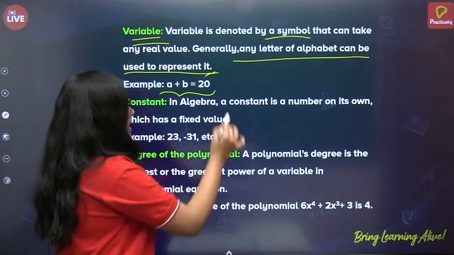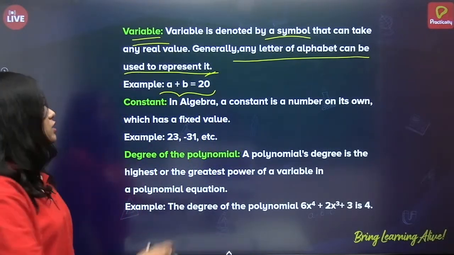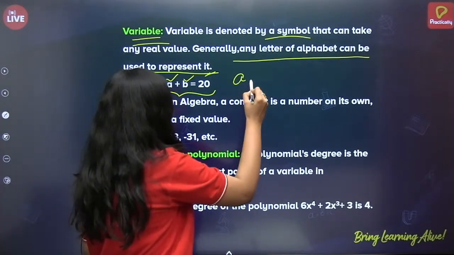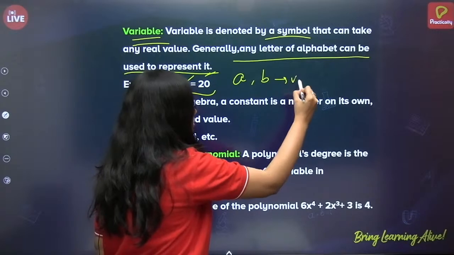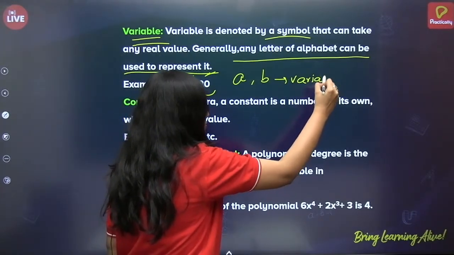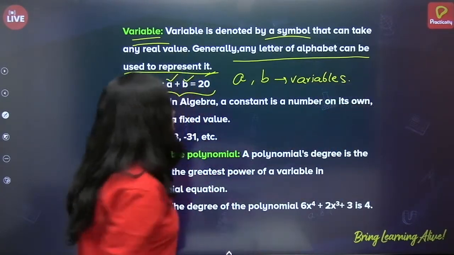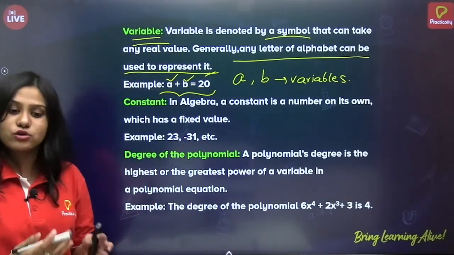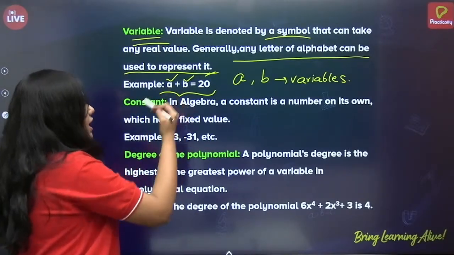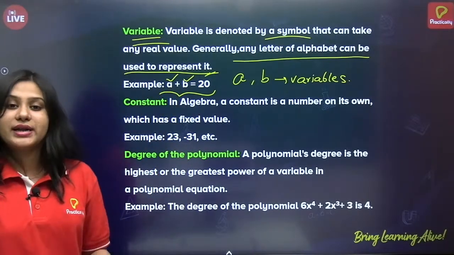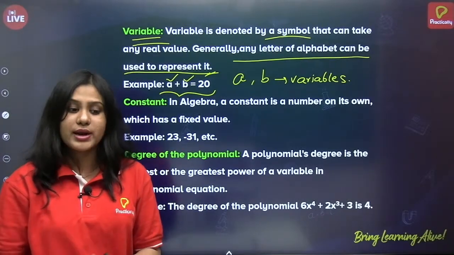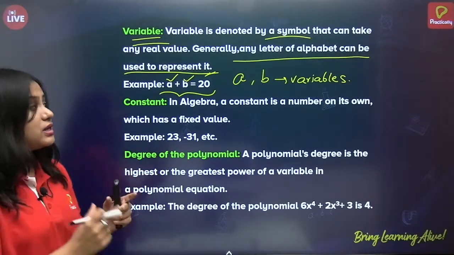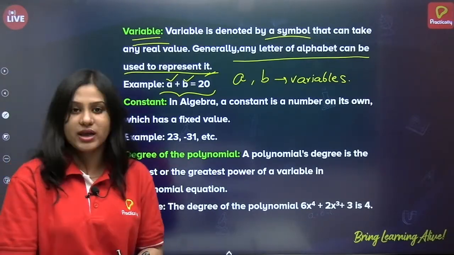In the example, a plus b equals 20, so a and b here are variables. If I put a as 10 and b as 10, then it is 20. If a is 2 and b is 18, then also a plus b equals 20. So what did you observe here? The variable is a symbol that can take any real value.